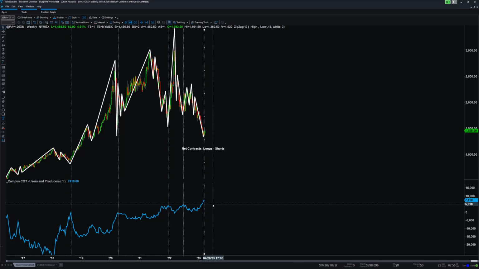Why do we predict that? Because the commercials, the users and producers of palladium, the ones that have the best analysts on staff, as a group are accumulating as much as they have never done before. They're not just accumulating as much as they did 3 years ago. They're not just accumulating as much as they did 10 years ago.